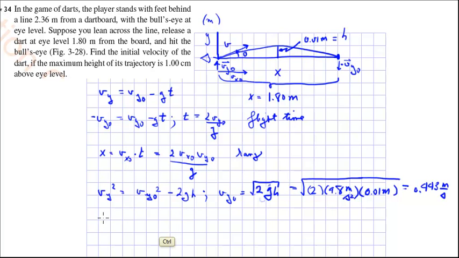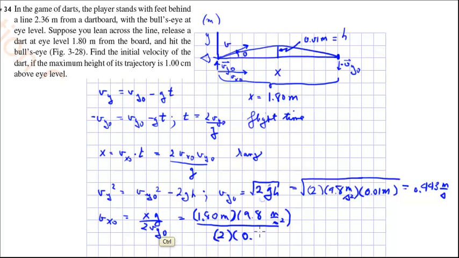And Vx naught is equal to x times g over 2 times Vy naught, which is equal to 1.80 meters times acceleration of gravity divided by 2 times the Vy naught that I found above, 0.443 meters per second.